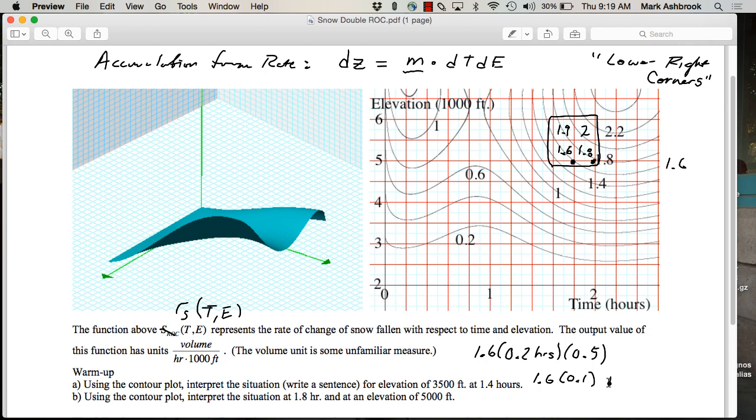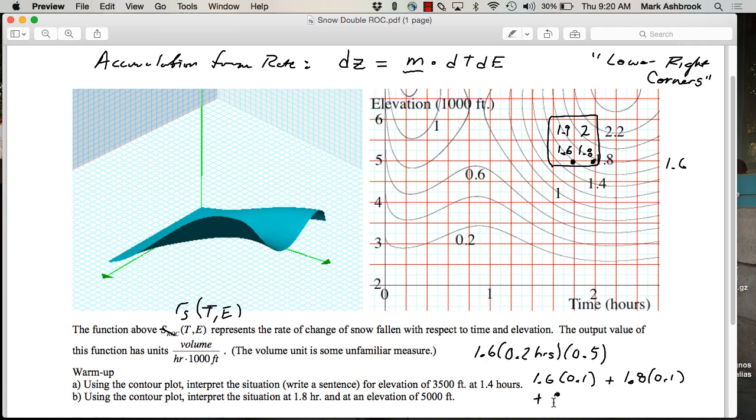Plus 1.8 times 0.1, that's the little accumulation of snow for this one. Remember, M dx plus M dx plus M dx. But now it's M times dy dx plus M times dy dx plus M times dy dx, because we have 2 independent variables.